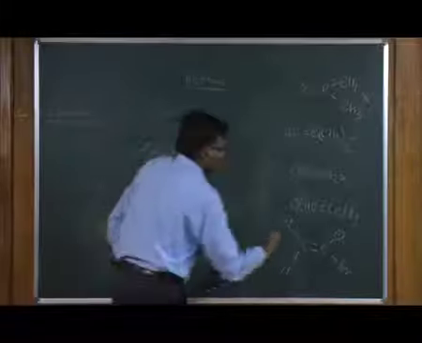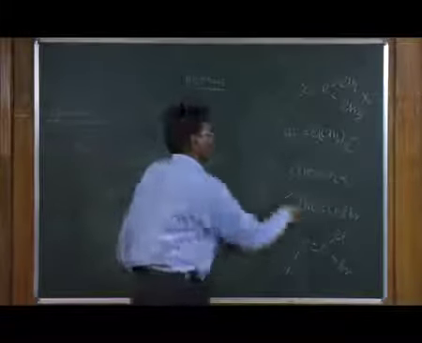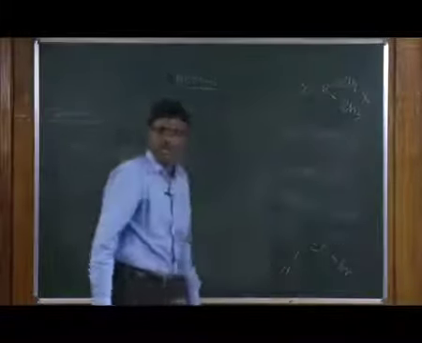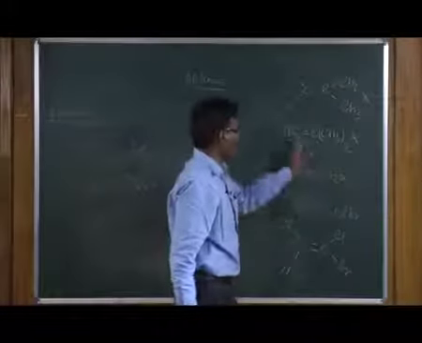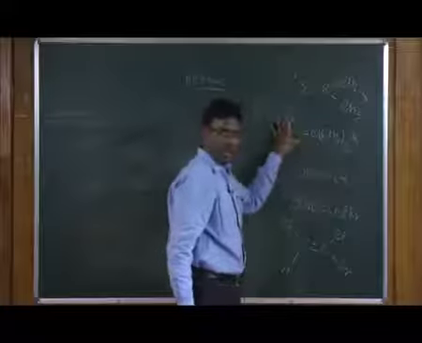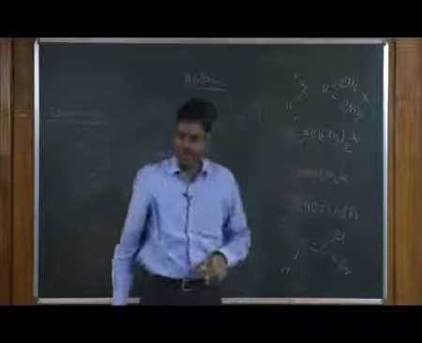Therefore, this can exist as geometrical isomers. These two cannot, because you have the same substituent on this carbon atom, and similarly on that carbon atom.